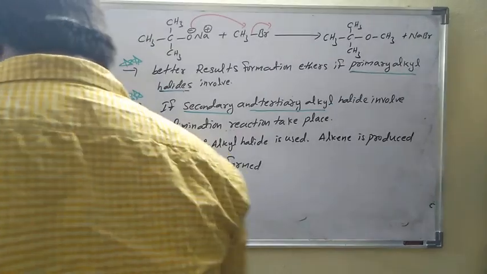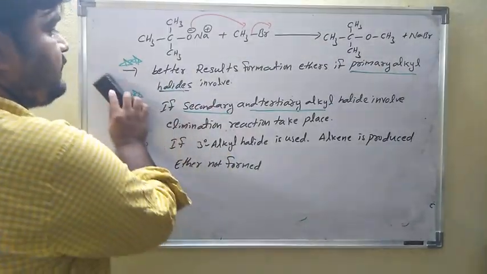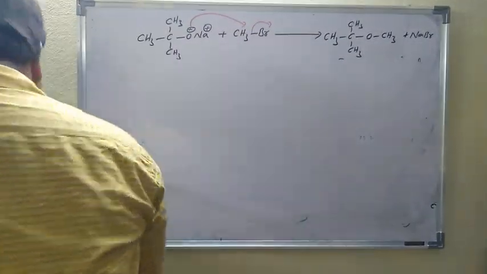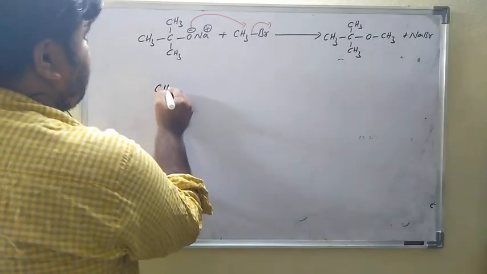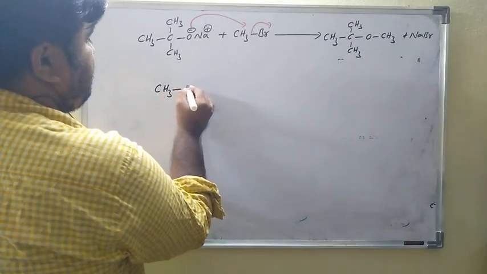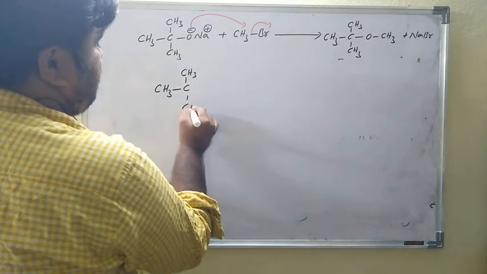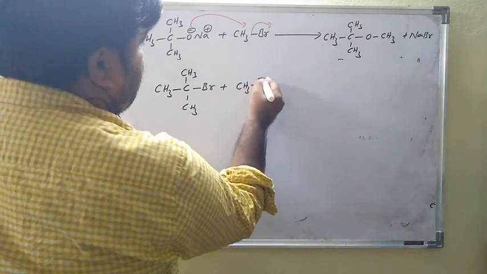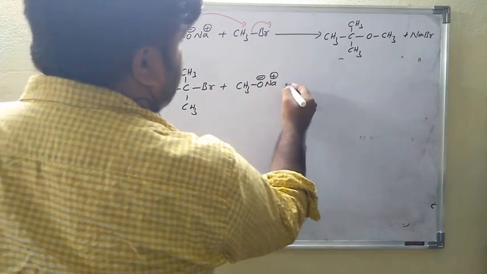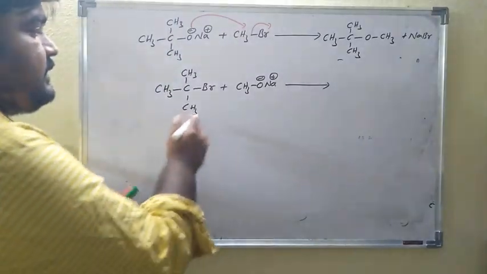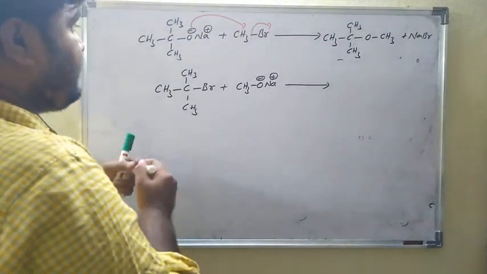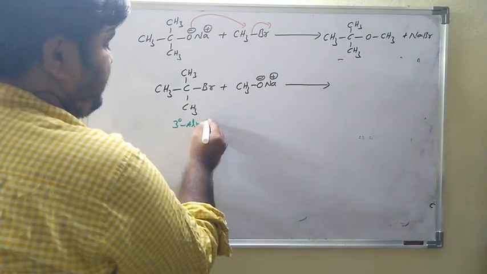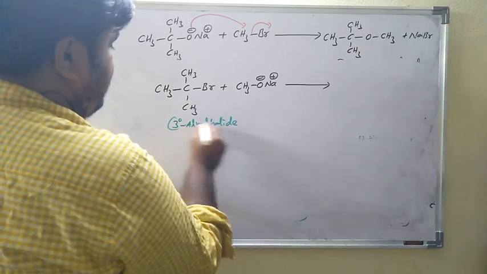Let us see the equation, for example, (CH3)3C-Br plus CH3O⁻ Na⁺. Here the alkyl halide is a tertiary alkyl halide.